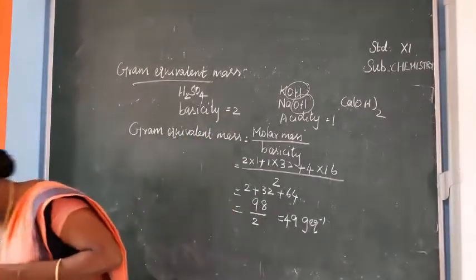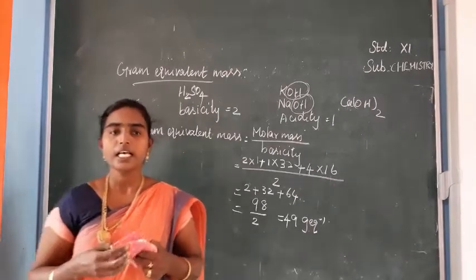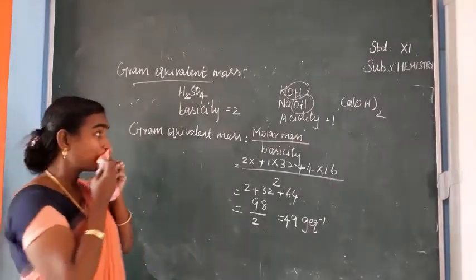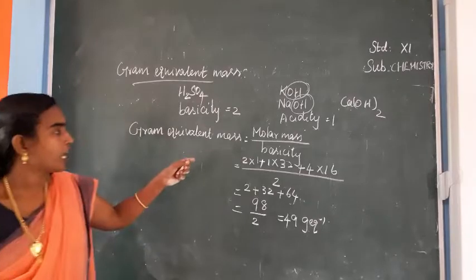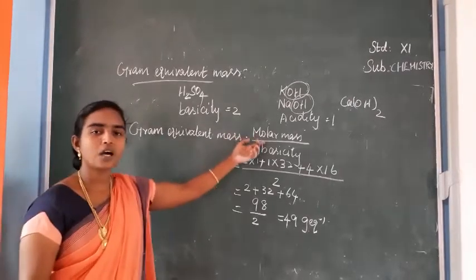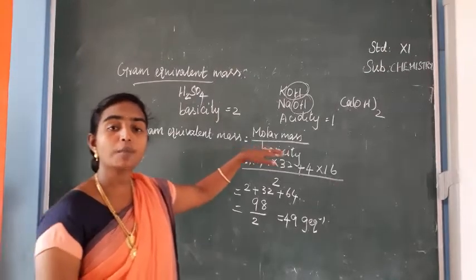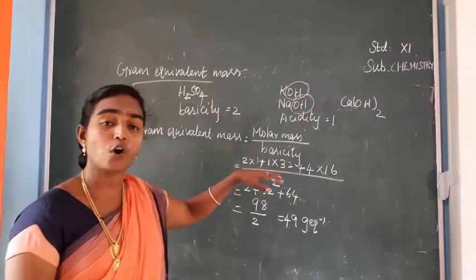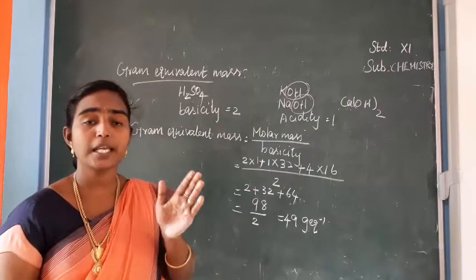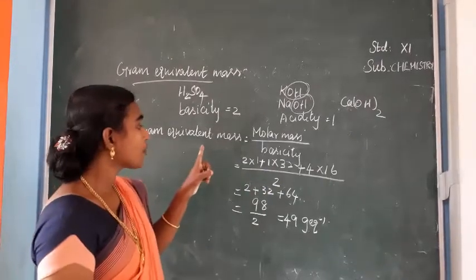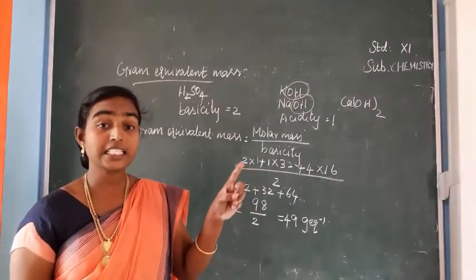Gram equivalent mass of any compound we can calculate from the formula, that is molar mass divided by basicity. So what's the formula? Molar mass divided by basicity for acids. If it is a base, it is molar mass divided by acidity.